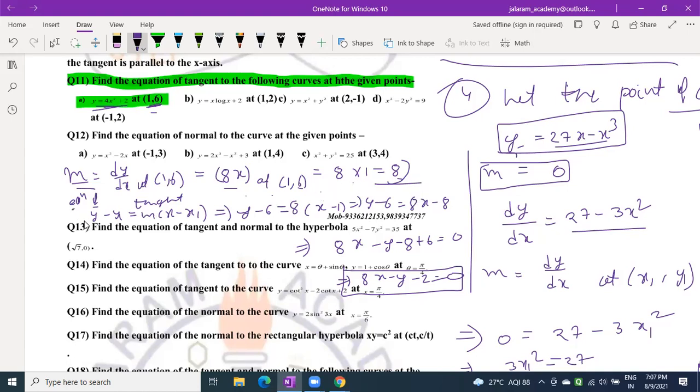Then we find the equation of the tangent by using the slope point form. The point is the point of contact (x1, y1), which is (1, 6), and the slope we have calculated is 8. The equation is y minus y1 equals m into x minus x1, that is y minus 6 equals 8 into x minus 1. On simplifying, it gives 8x minus y minus 2 equals 0.